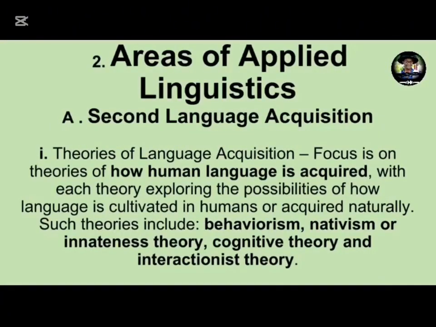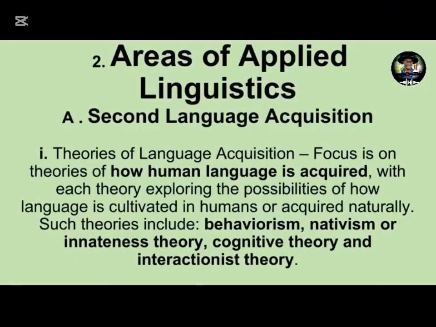Number 2, we'll be looking at areas of applied linguistics, one of which is second language acquisition, or what we refer to as SLA. Here, we'll be looking at theories of language acquisition. Of course, focus will be on theories of how human language is acquired, with each theory exploring the possibilities of how language is cultivated in humans or acquired naturally.